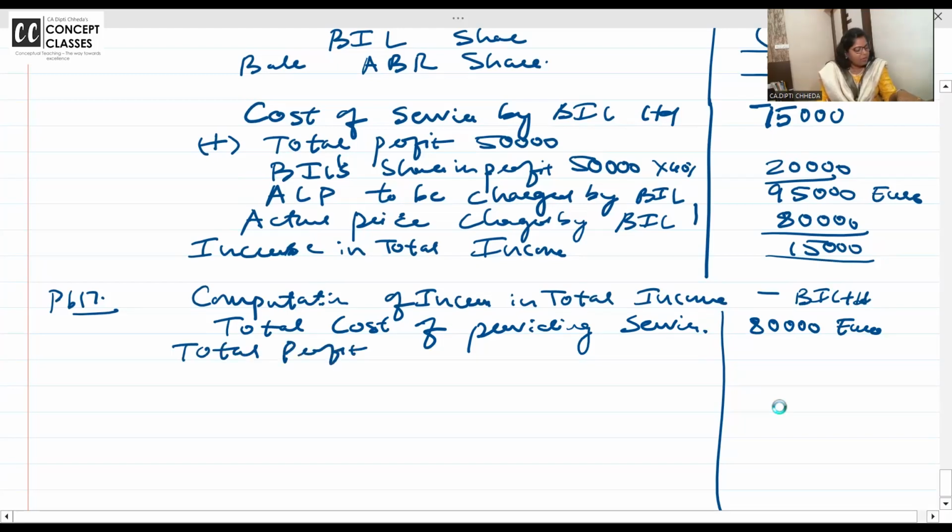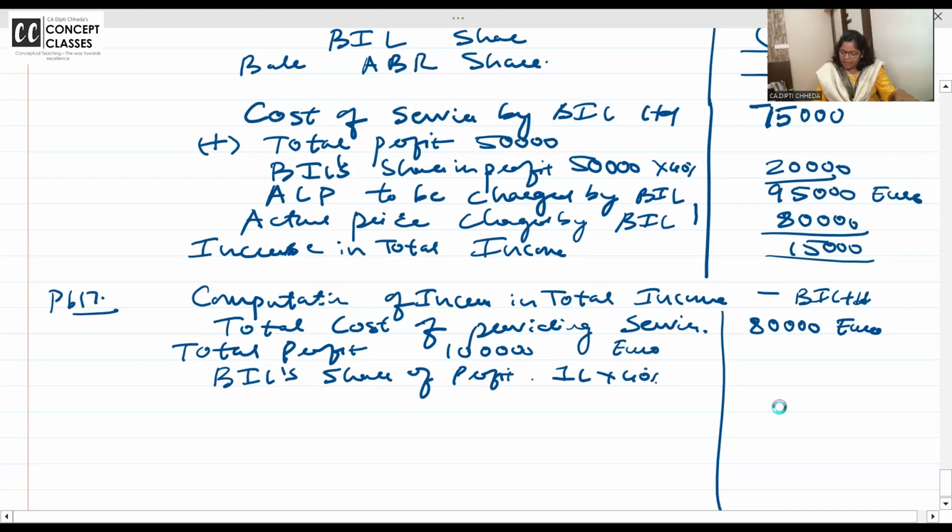For all 1 lakh euros. BIL's share of profit. कितना परसेंटेज है BIL का? 40%. 1 lakh का 40%. 40,000 euro.